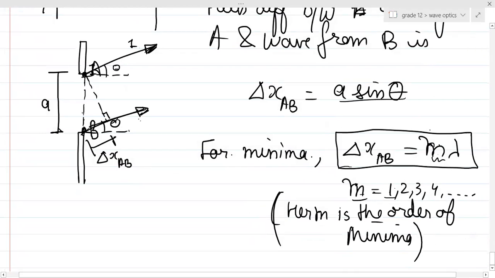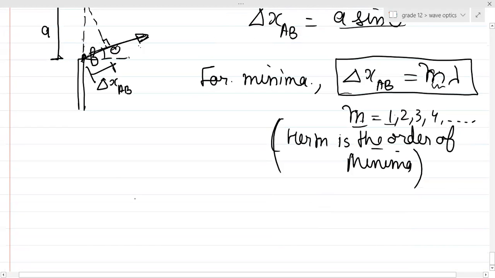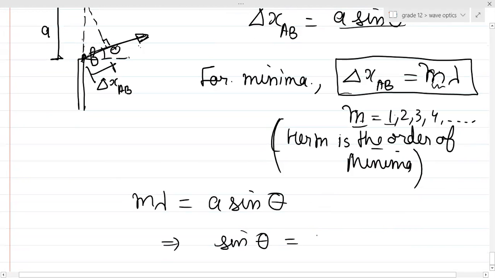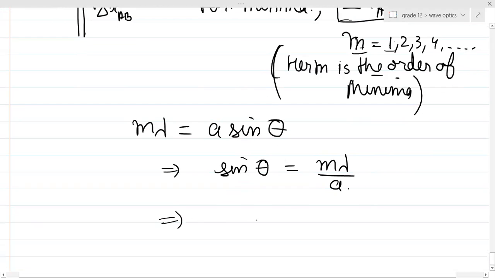Now I'll just put this m lambda over here. So m lambda is equal to a sine theta, and from here, can you see sine theta is equal to m lambda upon a? And from here, theta is equal to sine inverse of m lambda by a.